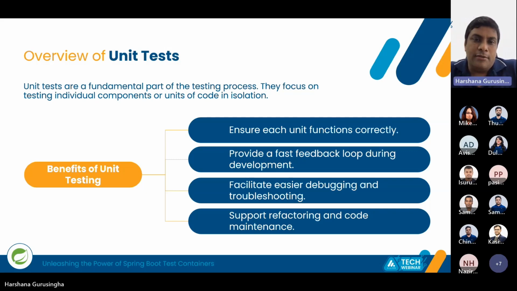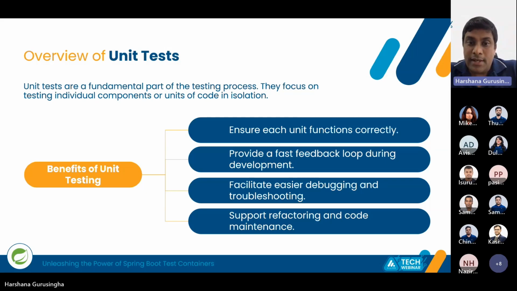Unit tests provide a fast feedback loop during development. By running tests on a specific unit of code, you receive immediate feedback on the correctness of those units. This rapid feedback allows developers to quickly identify and fix issues, reducing the likelihood of bugs propagating to other parts of the system.